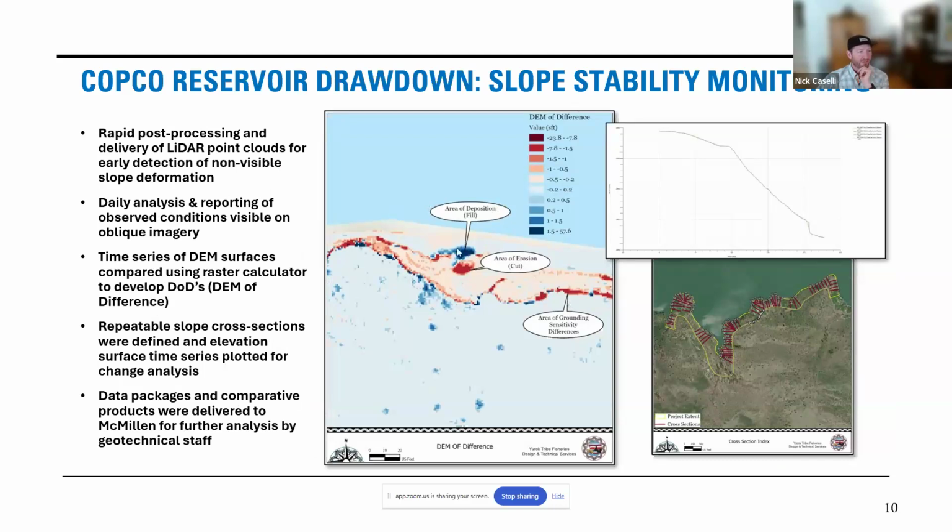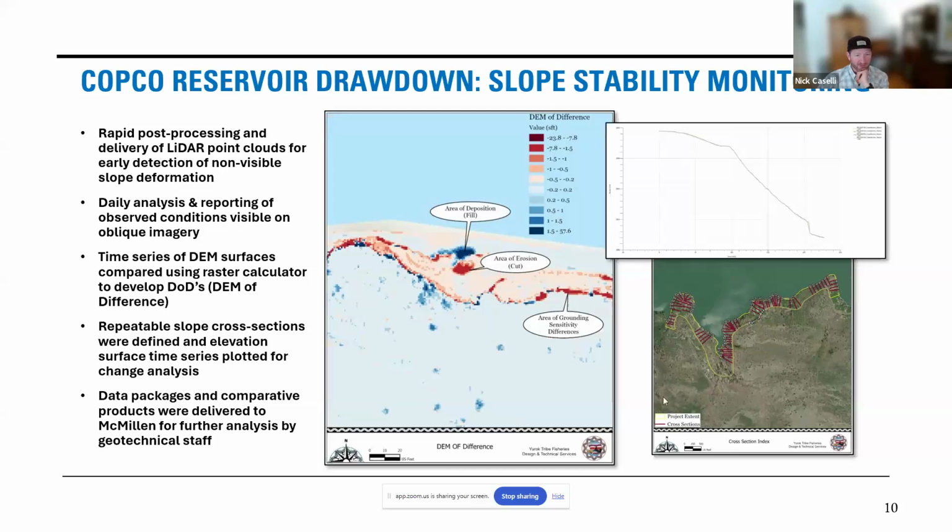This area right here is one of those failures that's pretty evident in the old lake bed sediments. So, you can't necessarily have one without the other. We were looking for areas that had both an elevation loss and a gain. So this is one of those slumps that were visible in the photos.